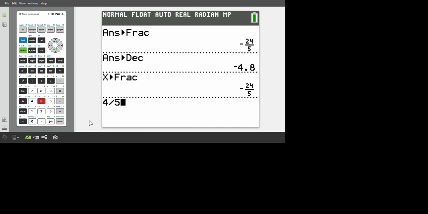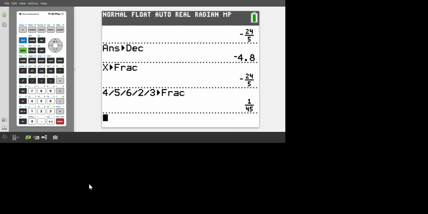And like I said, you can even do a bunch of these weird long divisions here with several different numbers dividing each other and still be able to do math frac, and it'll turn that into a fraction as well. So take advantage of your calculator when allowed to help you with fractions. I know a lot of people struggle with fractions, but any fraction you have, as long as it's not involving a variable.